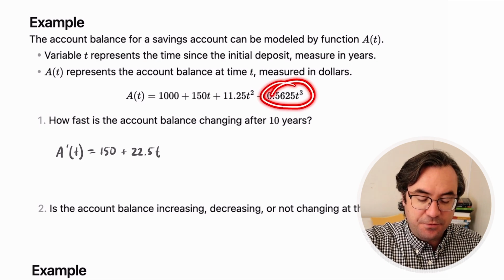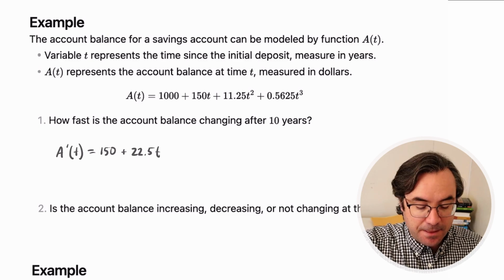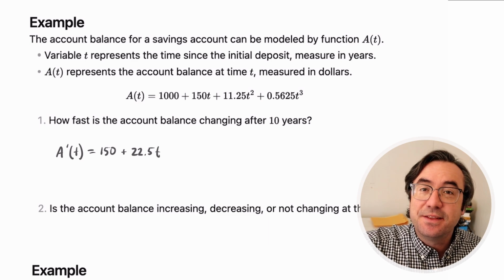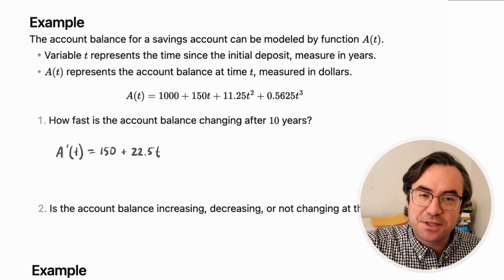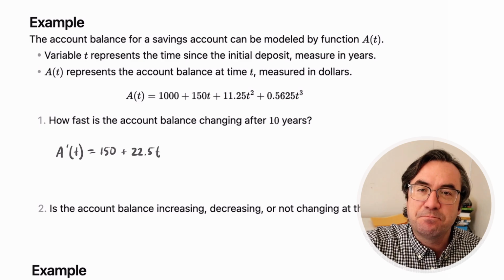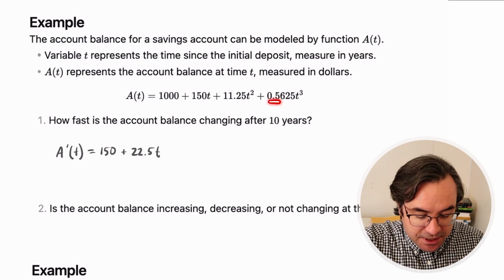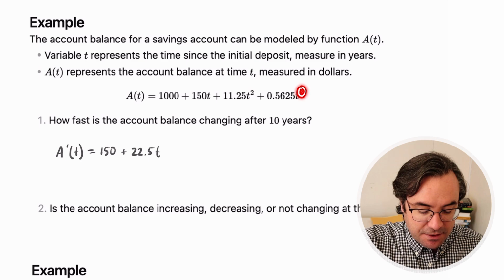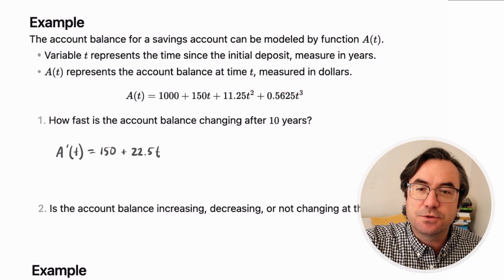And if we differentiate the last term, we do, again, that 0.5625. That's just a constant multiple. So even though it's a little bit trickier than maybe some of the other constants we've seen, it's just a constant multiple, and we're differentiating that power function. So let's take the 3, bring it down, multiply it with those terms in front.